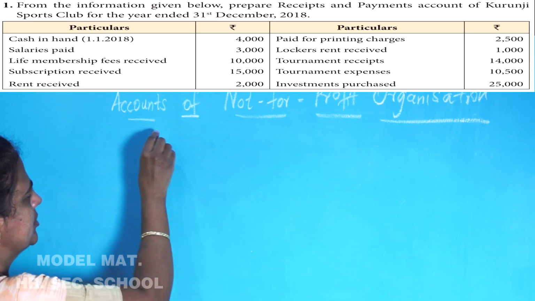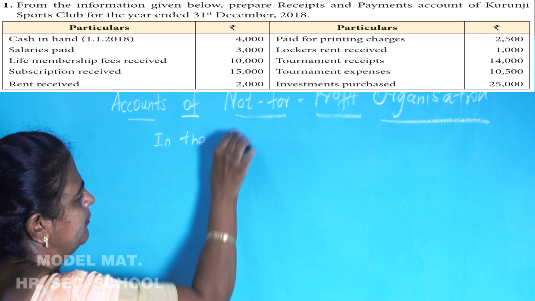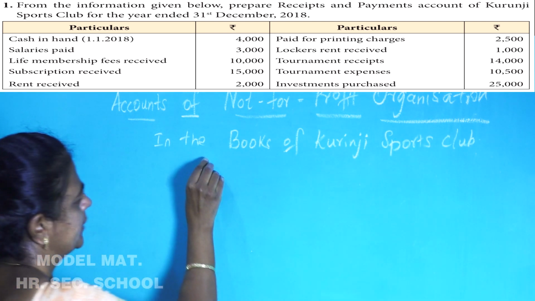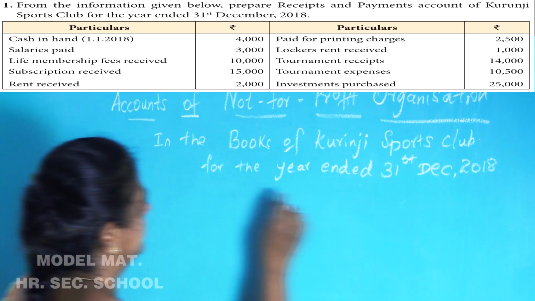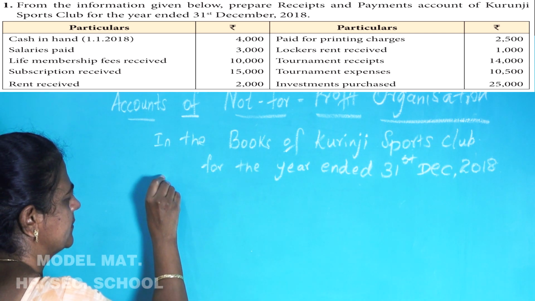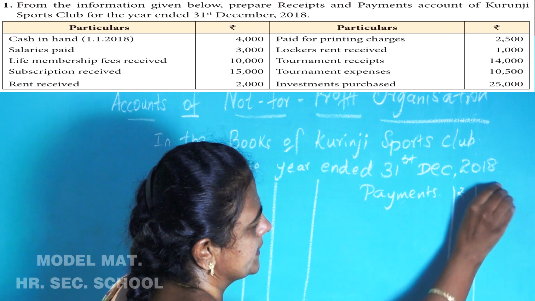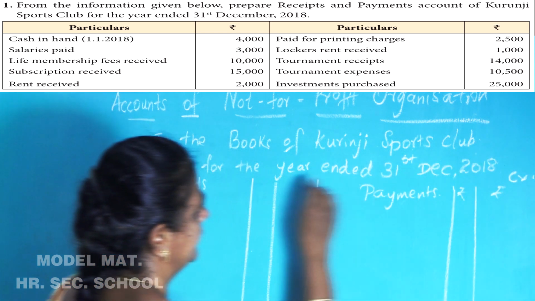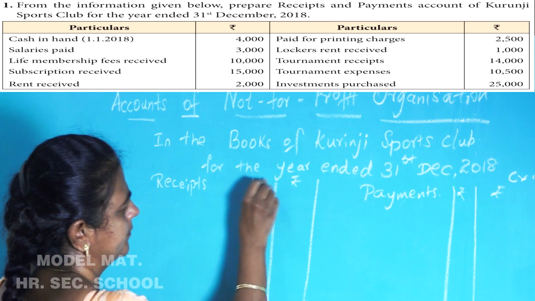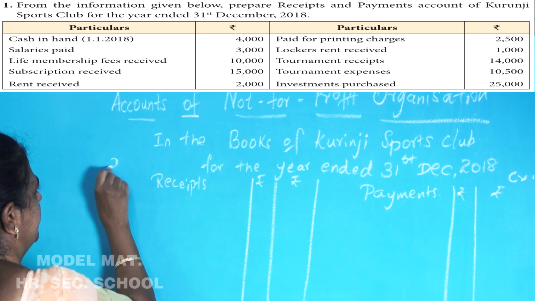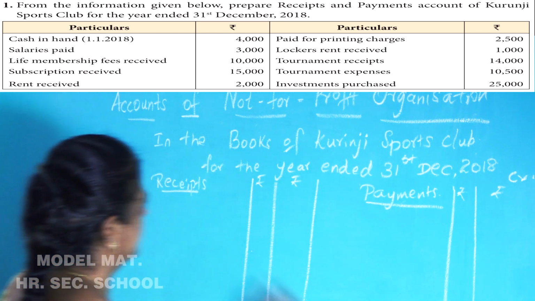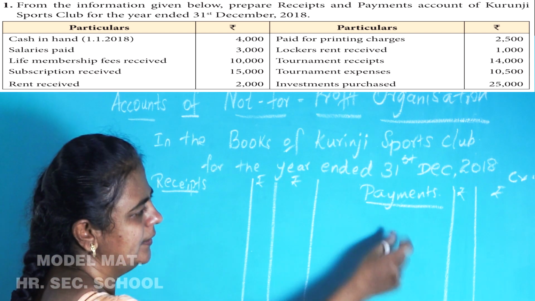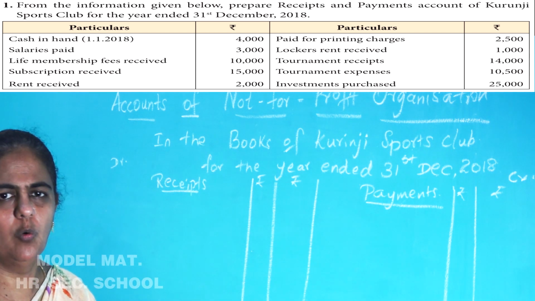So start like this: in the books of Kurunji Sports Club for the year ended 31st December 2018. Receipts on the debit side, payments on the credit side. We'll go one by one.